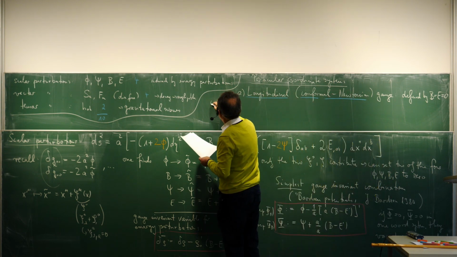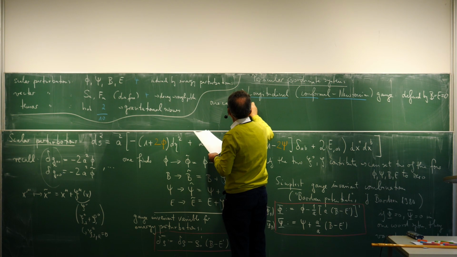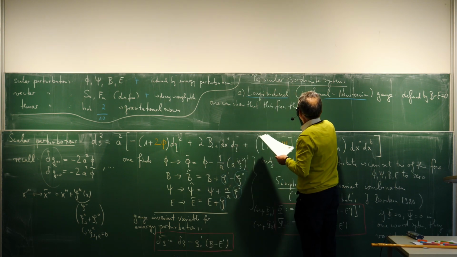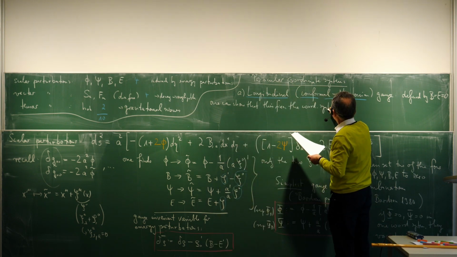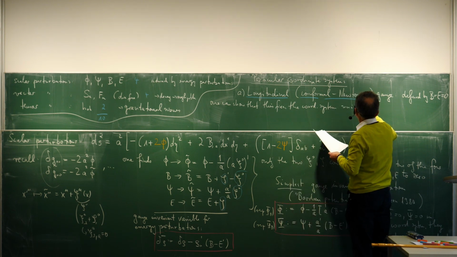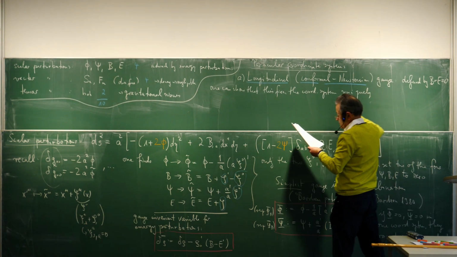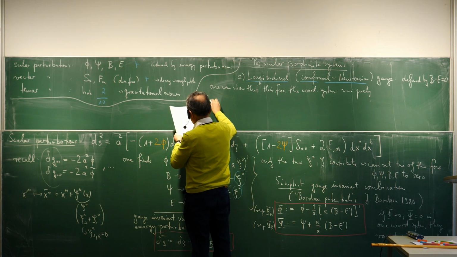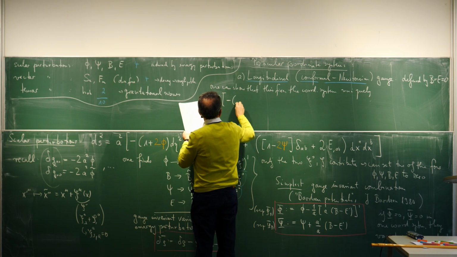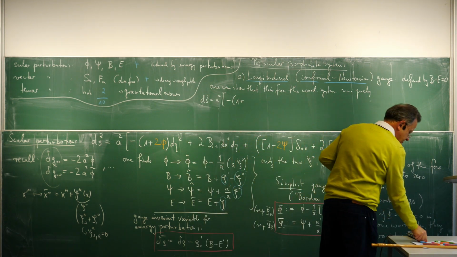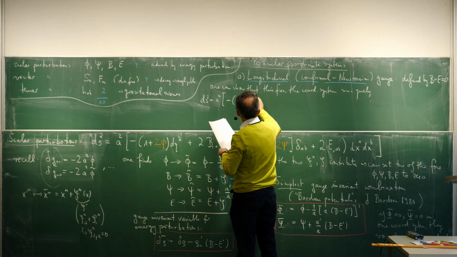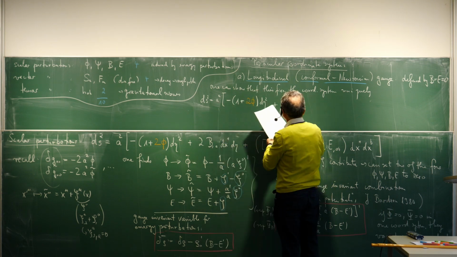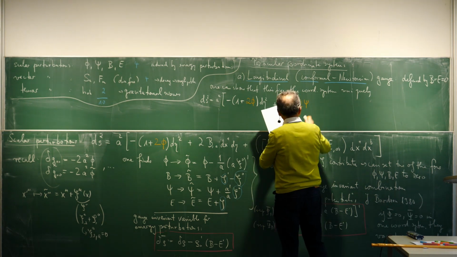One can show that this fixes the coordinate system uniquely, and so we have here ds squared is a squared times minus 1 plus 2 phi, small phi, d eta squared, plus 1 minus 2 psi dx squared.